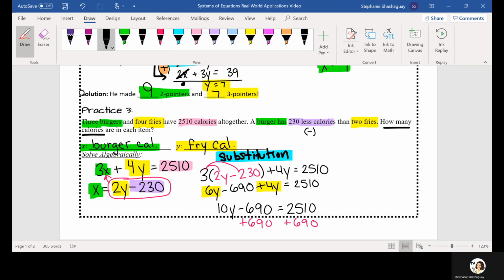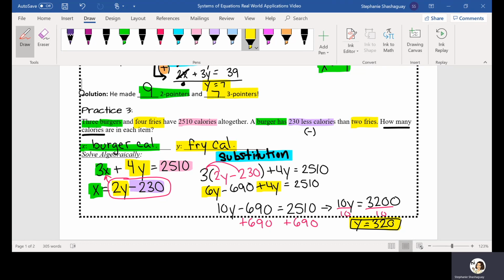And I get 10y is equal to 3,200. Then I divide by 10 and divide by 10, and I find that y is equal to 320. So y, the number of calories in the fries, is going to be 320.